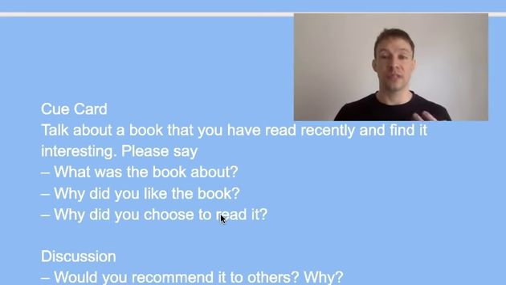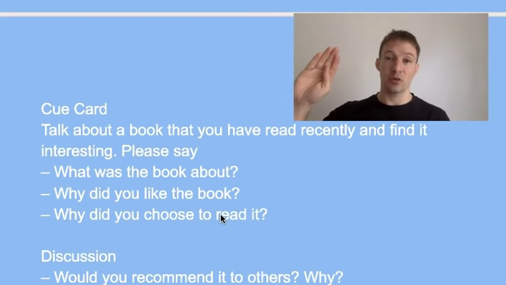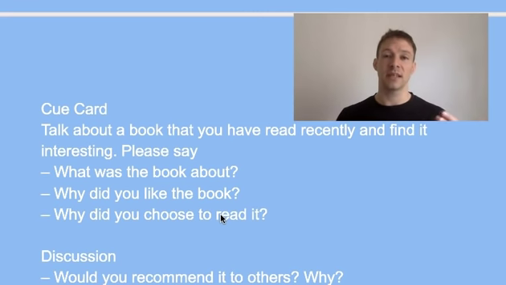I'm going to give you a talk about a book that I recently read. The book was called Autobiography of a Yogi, if I remember correctly, and it was written by a yogi called Yogananda, and it basically tells his story about him growing up as a child in his family in India.